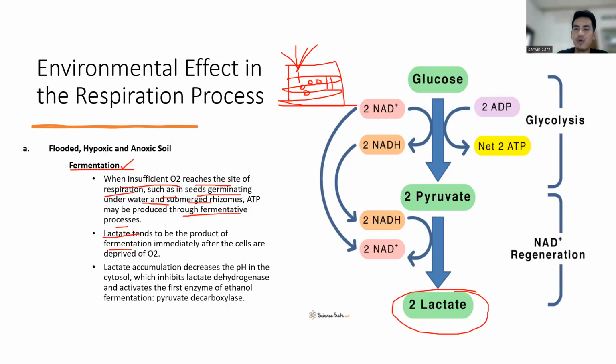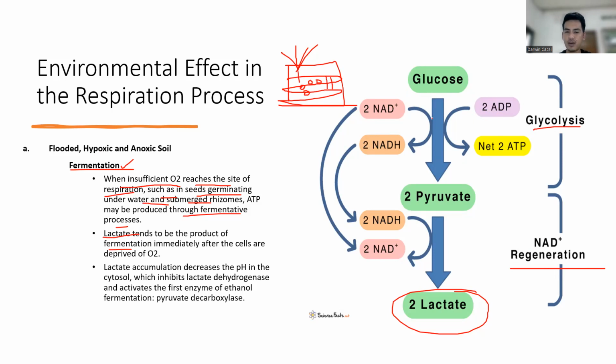So ano yung involved na process for the fermentation? We have the glycolysis and the NAD+ regenerations. So in the glucose, it produces 2-ADP to release a net 2-ATP, and 2-NAD+ to produce 2-NADH. So that is the process of the glycolysis.